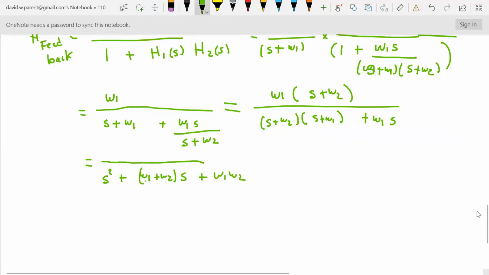Well, remember, these were all positive roots to begin with, but then we have something we can play with over here. Now, in this case, yeah, it would only serve to make this term bigger, and it would just be more underdamped. But depending on your H1 and your H2, you can manipulate that. All right. So that would be the final transfer function.